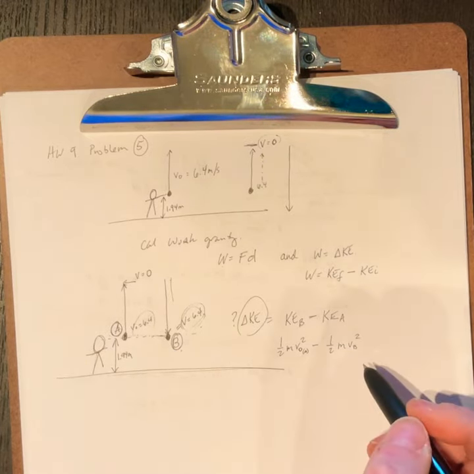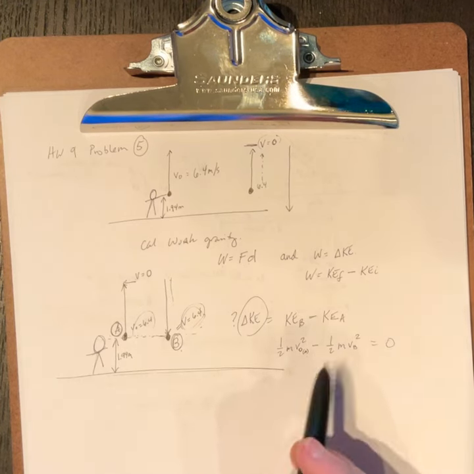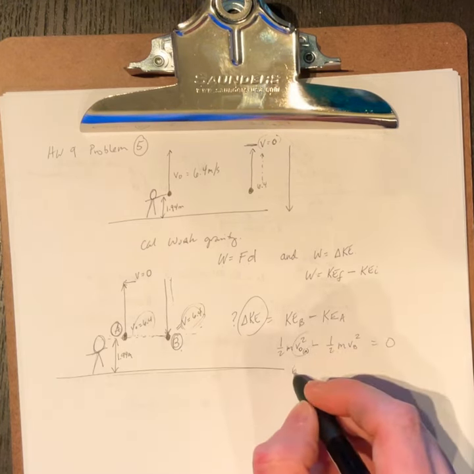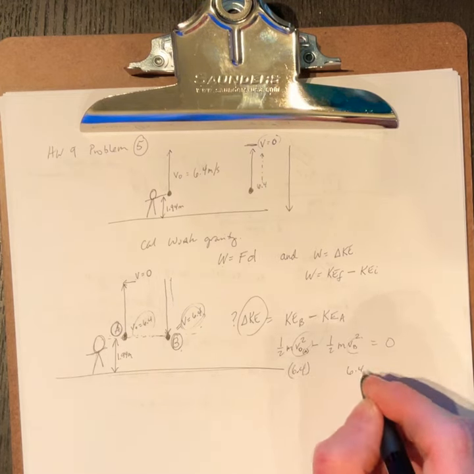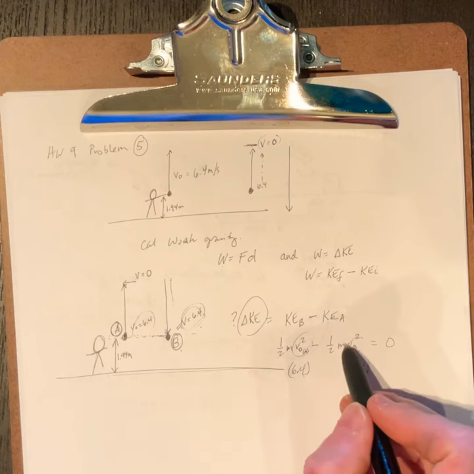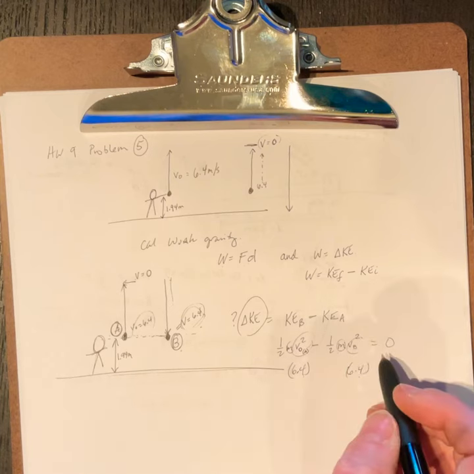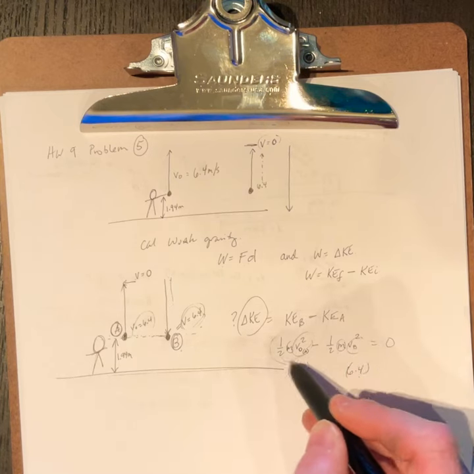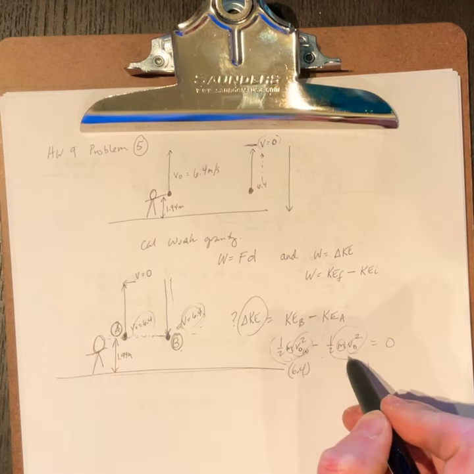Well, intuitively, we can tell that this should equal 0, because our initial velocity was 6.4, and our final velocity should also be 6.4. If you square that and the mass is the same, then this value should be the same as this value. So it's that value minus itself.